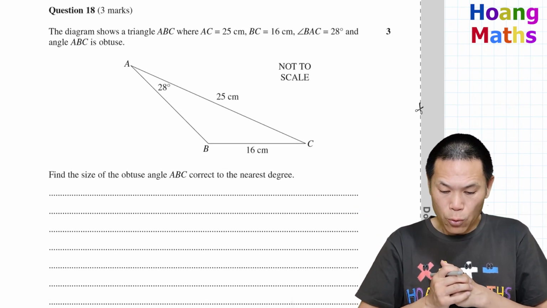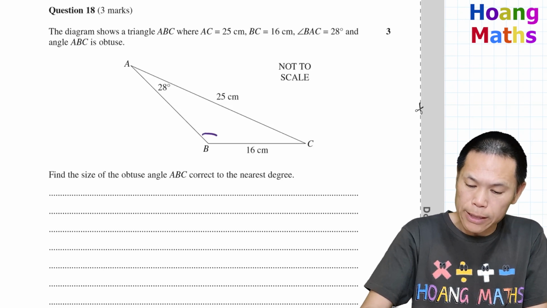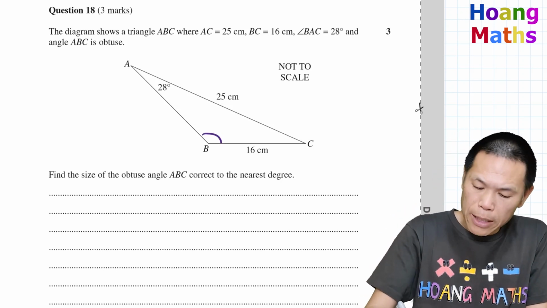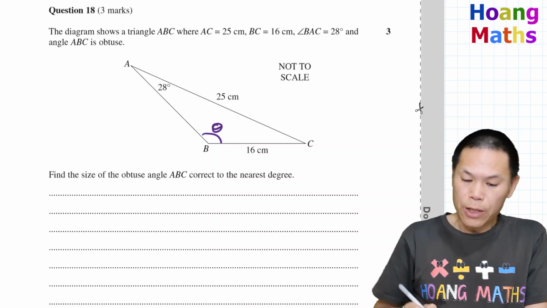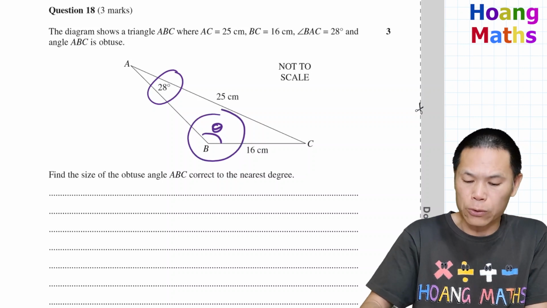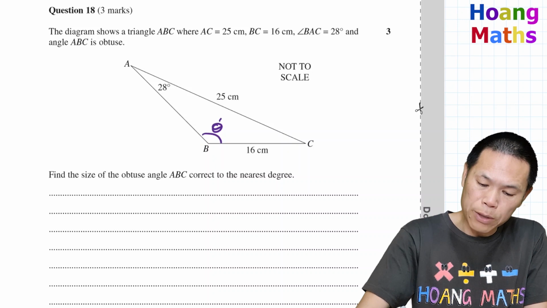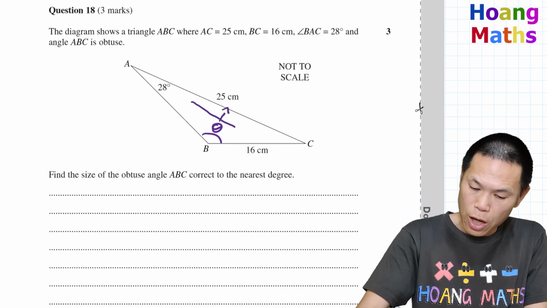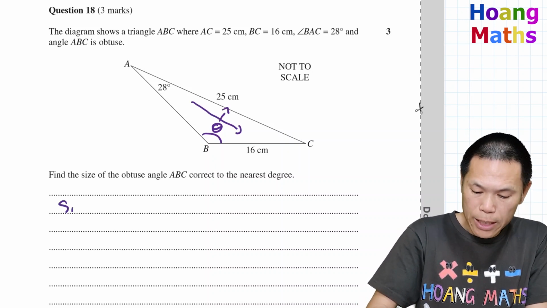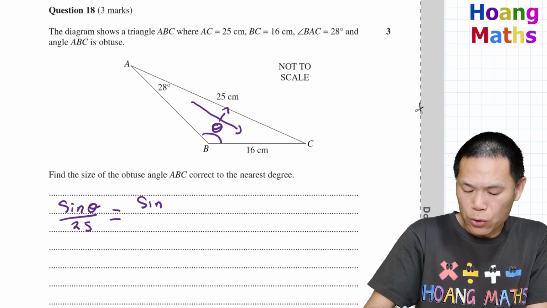Question 18. We need to find the angle ABC. So angle ABC is this. Let me just make this angle theta. To work this out, we have two angles, this is one angle and this is another angle, so we use the sine rule. Sine rule: opposite of this, and opposite of that. So that means sine theta over 25 is equal to sine of 28 over 16.